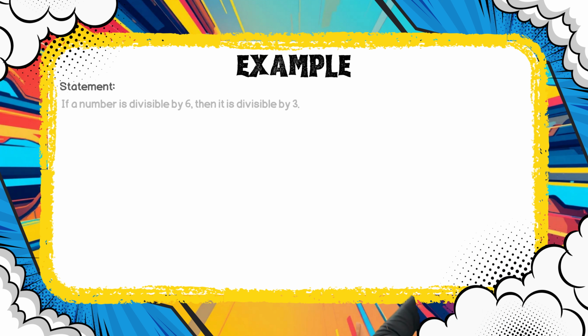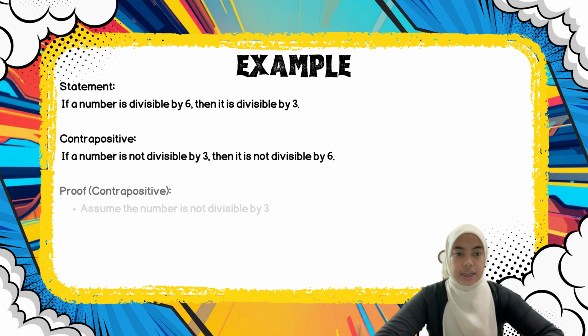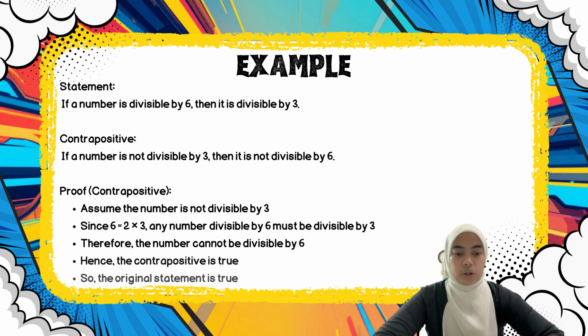This is another example of the contrapositive method. We can see the statement: if a number is divisible by 6, then it is divisible by 3. The contrapositive will be: if a number is not divisible by 3, then it is not divisible by 6. We use the steps I have explained just now.